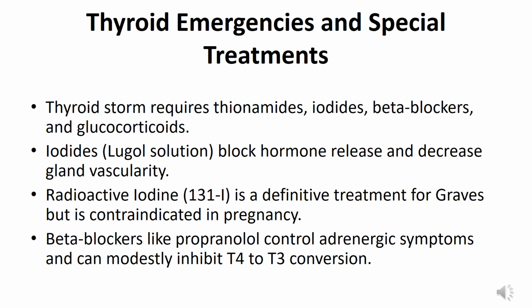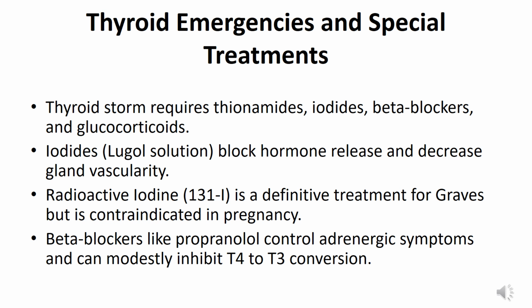Thyroid emergencies are serious endocrine conditions that require rapid recognition and immediate treatment. One of the most dangerous examples is thyroid storm, which represents an extreme and life-threatening form of hyperthyroidism. In thyroid storm, the body becomes overwhelmed by excessive thyroid hormone activity.